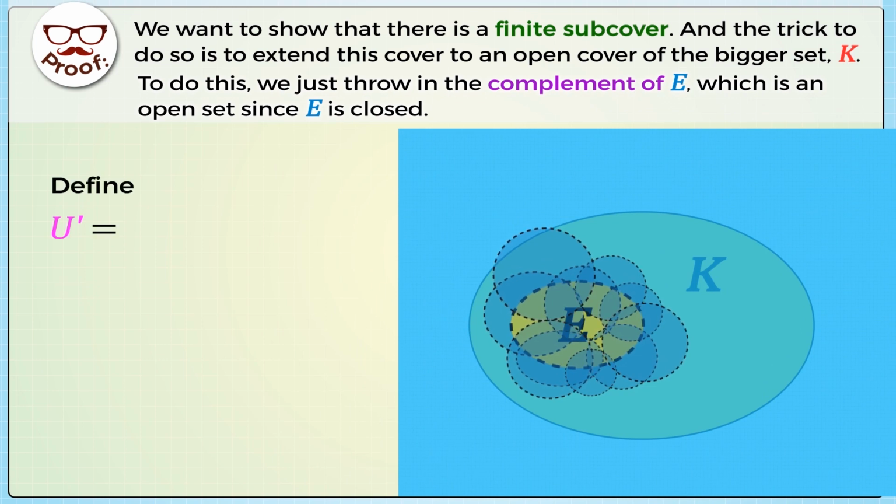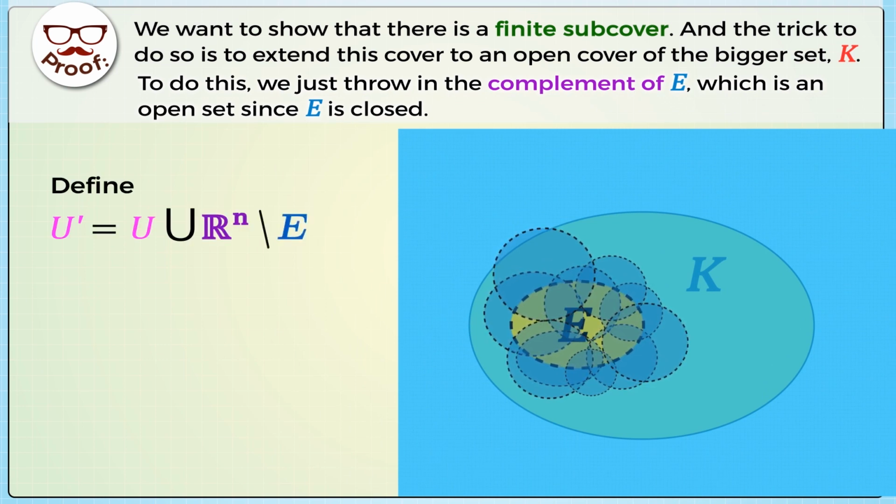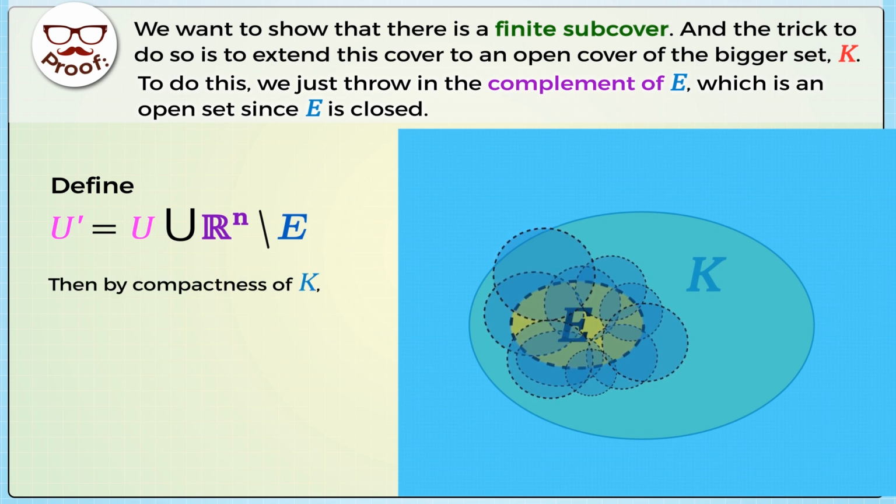Define U prime equal to the union of U and the complement of E. Then by compactness of K, U prime has a subcover S prime.